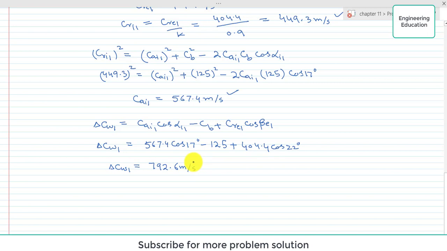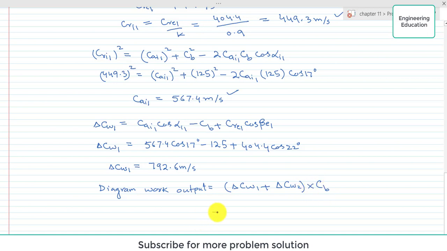Now to find the diagram work output, the diagram work output is equal to delta CW1 plus delta CW2 into CB.